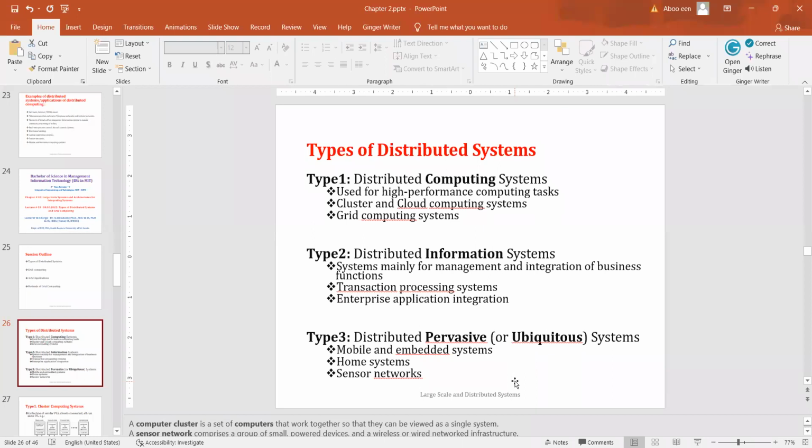Great. So type 3: distributed, pervasive, or ubiquitous systems. We looked at, in the last lecture also, mobile and embedded systems like the smartphone and some of the IoT devices, sensor devices, these kinds of systems, and home systems.